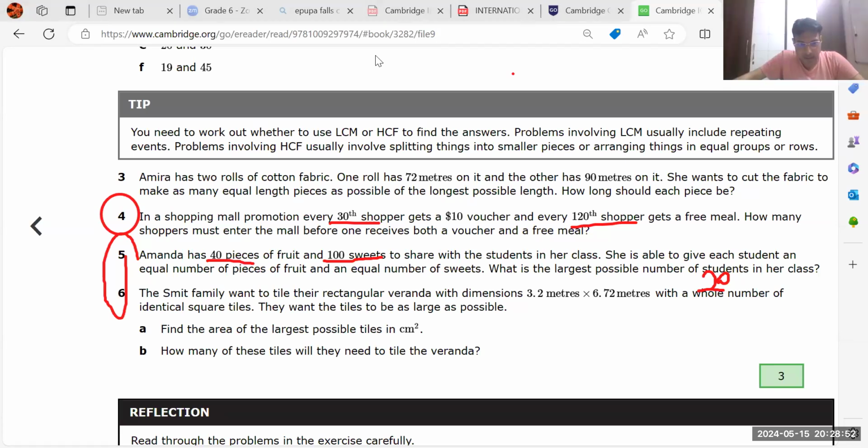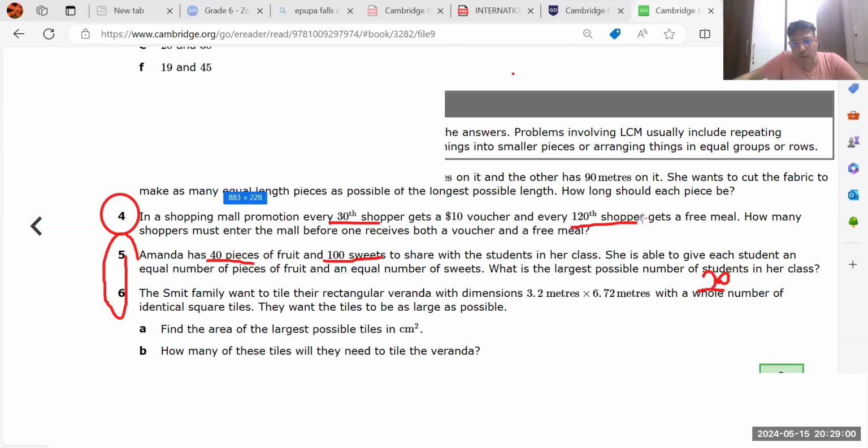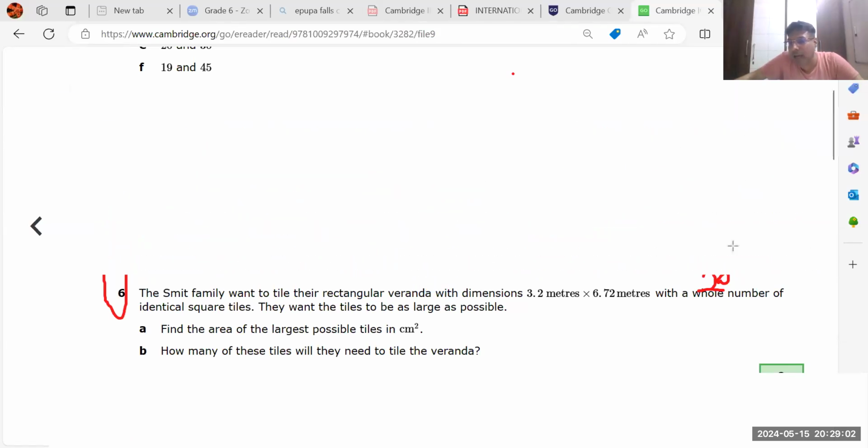All right, guys, let's see. So how will we do this, Anvi? First of all, we have to find the measurement of the tile, which we can cut out from the hall. We'll find the HCF. Question kya hai? 1 second, guys.